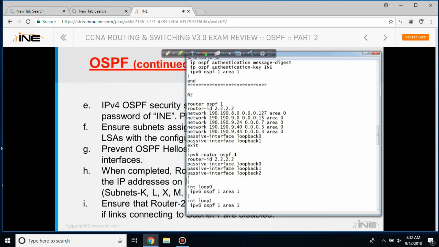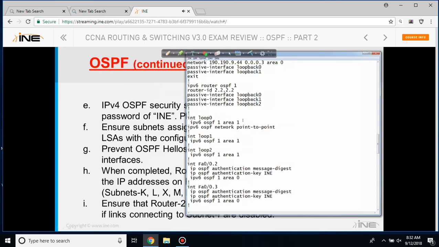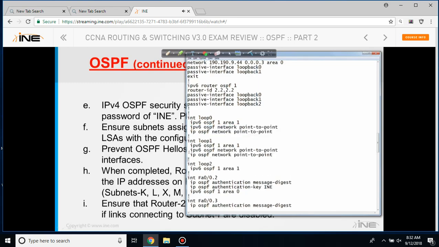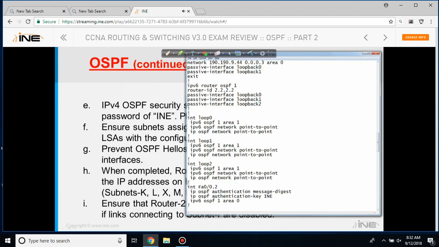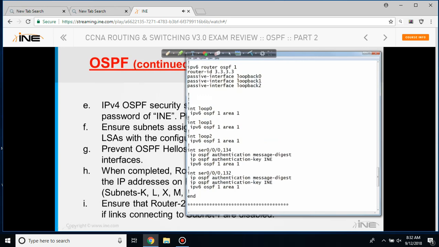Router 2 has some loopbacks. 3 has some loopbacks.